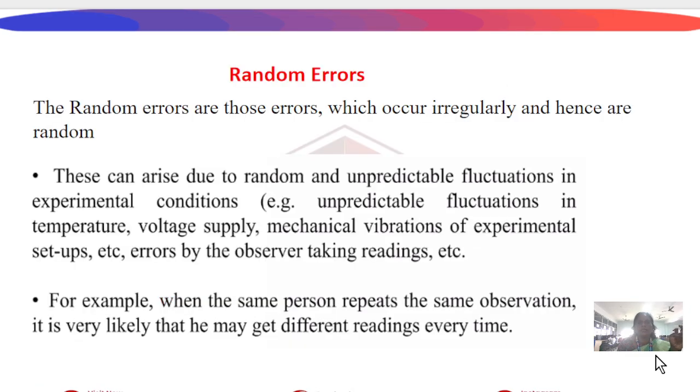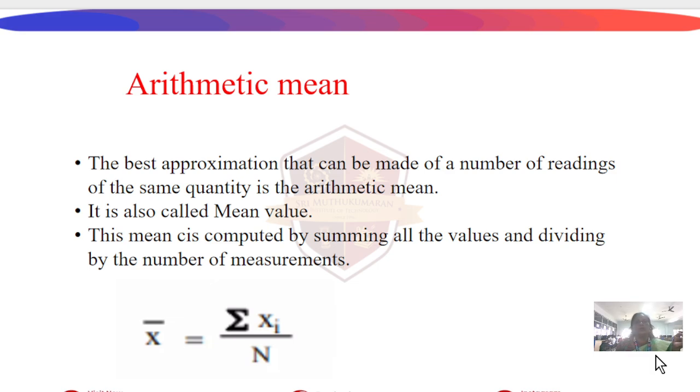To reduce random errors, we take several readings of the same quantity. Then we calculate the arithmetic mean. The arithmetic mean is obtained by adding all measured values and dividing by the total number of readings.